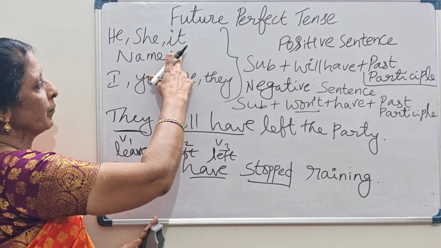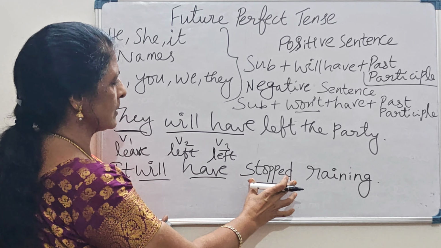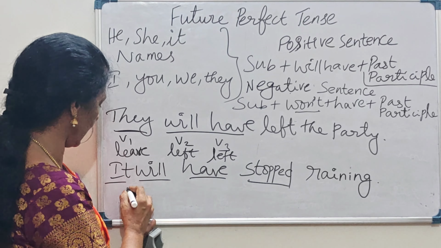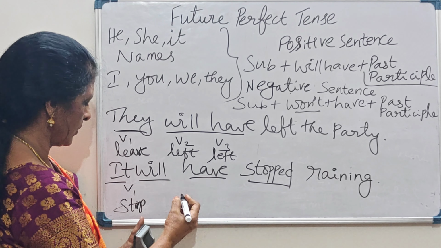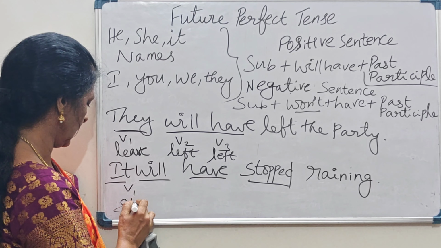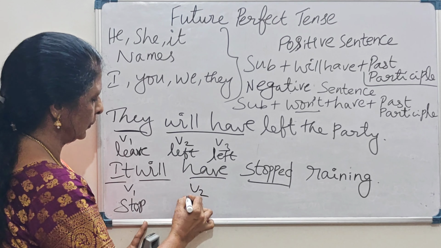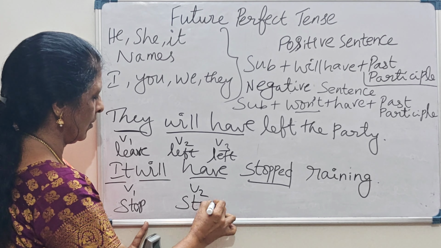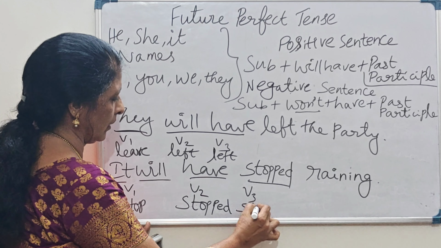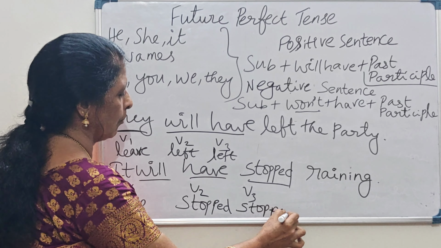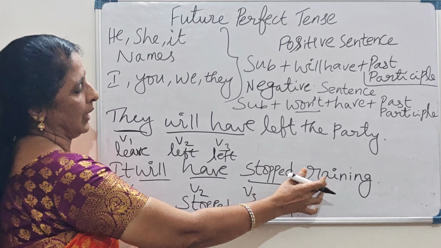I told you, it, will have is for future perfect tense, stopped. We can write V1 stop, V2 stopped, V3 stopped. This is the past participle. It will have stopped raining.